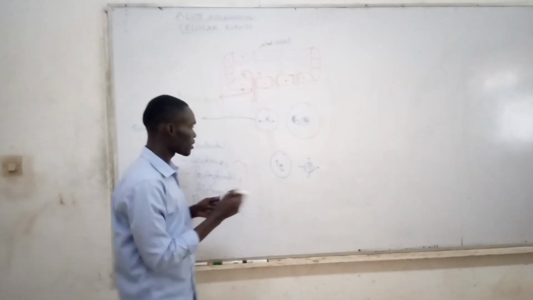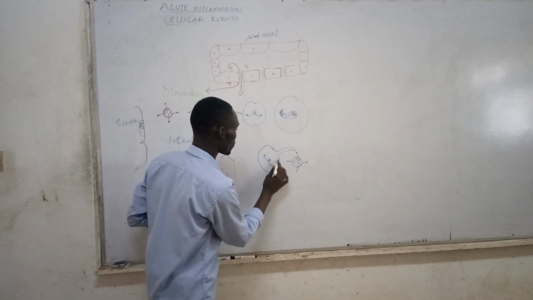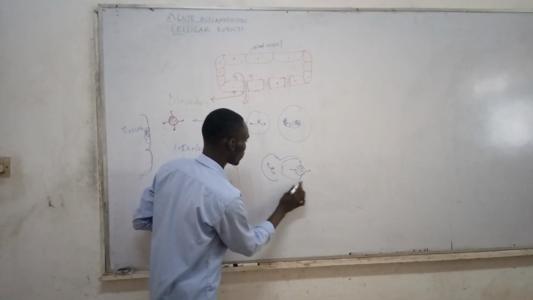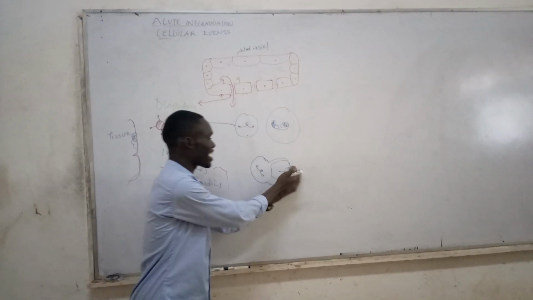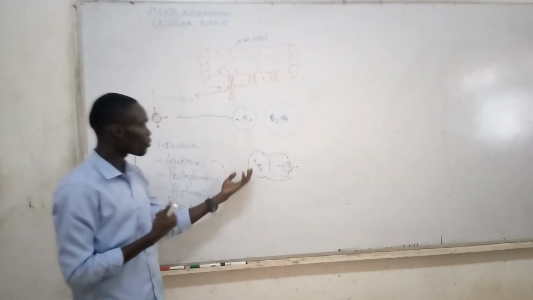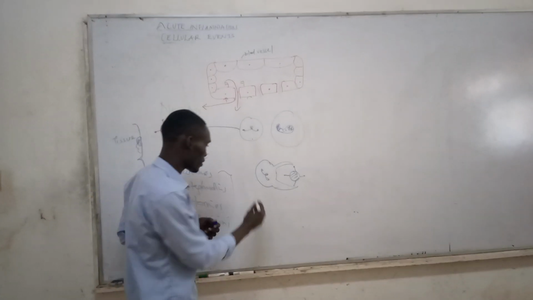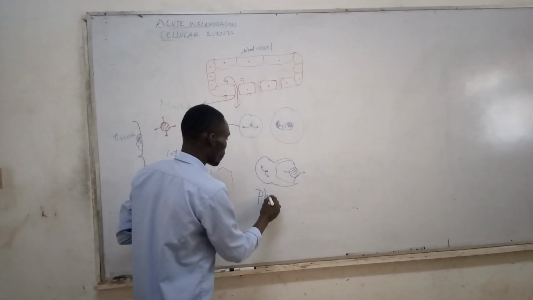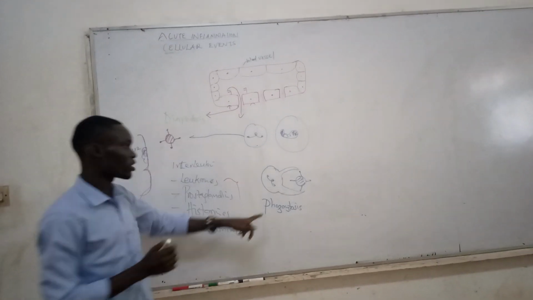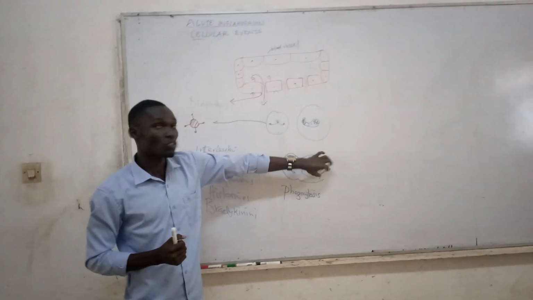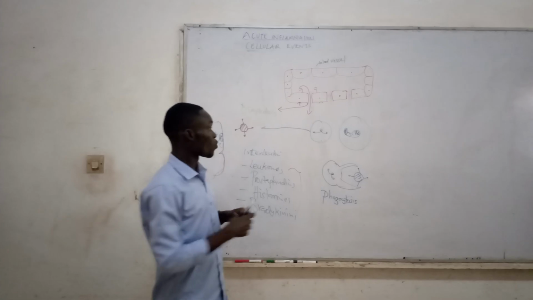The neutrophil forms some pseudopods to try to bring the bacteria in towards itself. So this process is known as phagocytosis, whereby the neutrophils try to get some pseudopods so that they can bring in the bacteria.